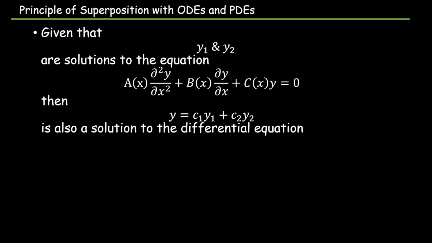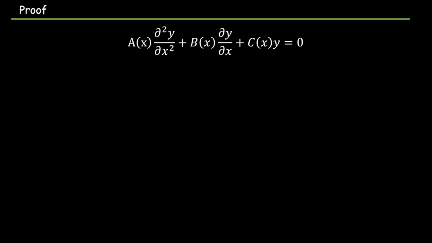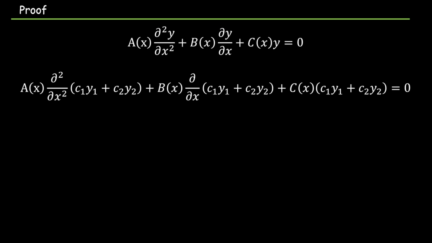To show you why y equals c1 y1 plus c2 y2 is a solution, if we're given the differential equation that was in the last slide, and we plug in that solution that we claim to be true, then the derivatives and partial derivatives obey linearity.